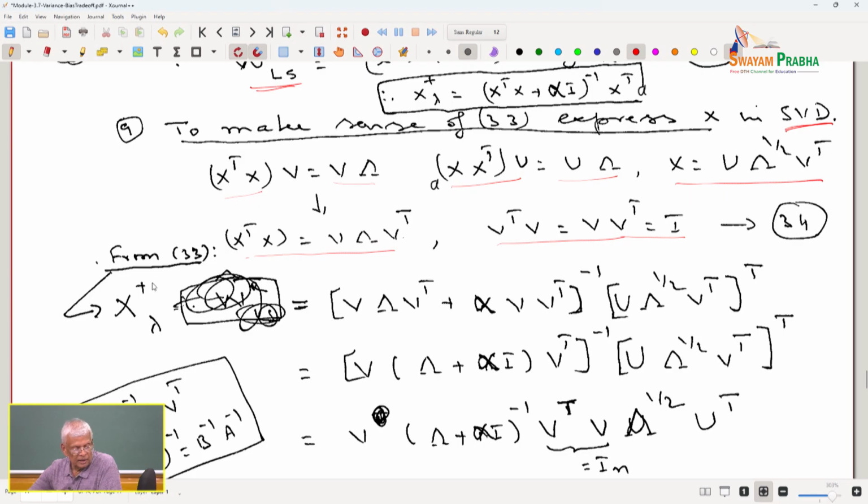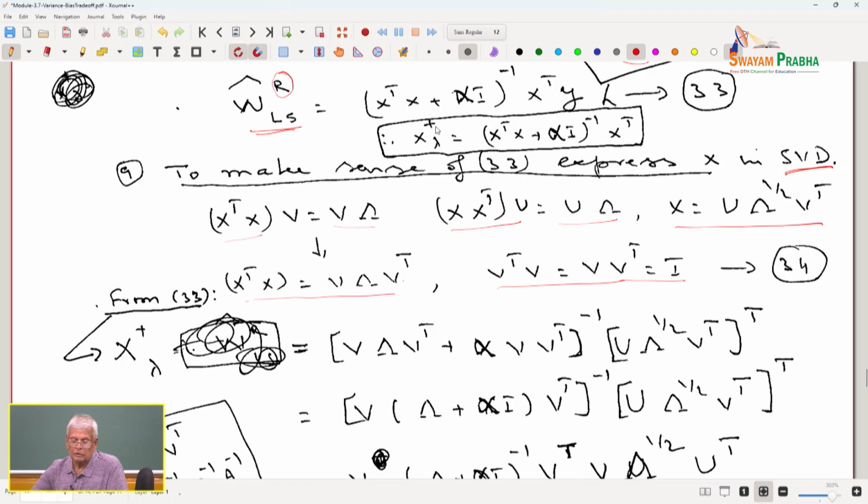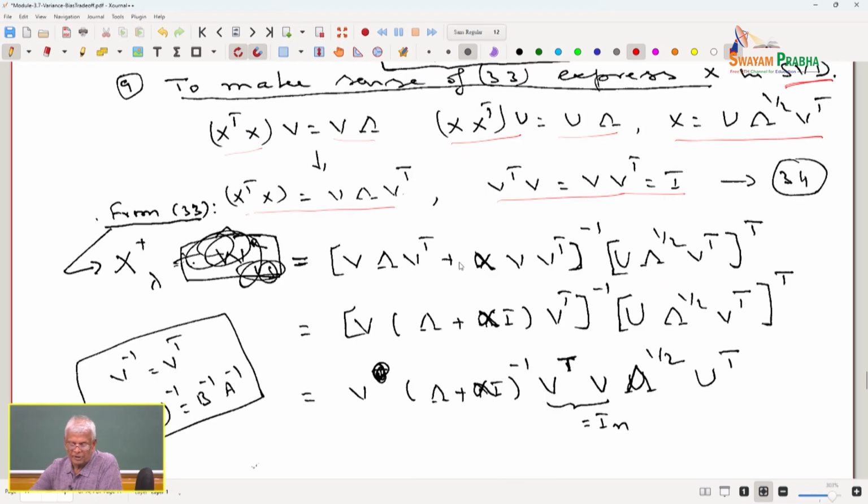So, from here I can express my ridge estimate. This is v lambda v transpose plus alpha v v transpose, inverse, times v lambda to the power half u transpose.